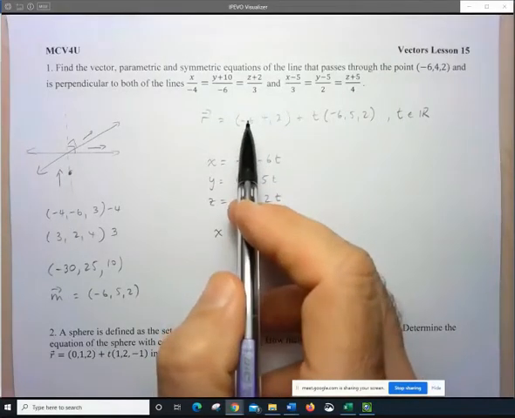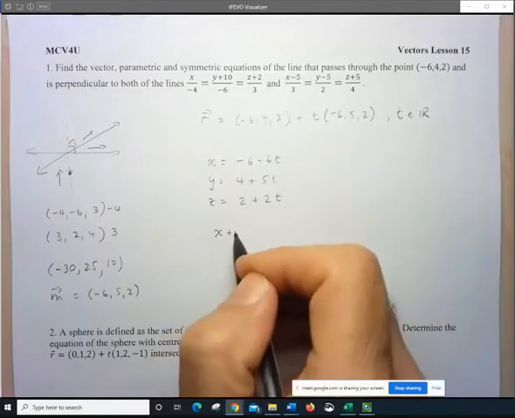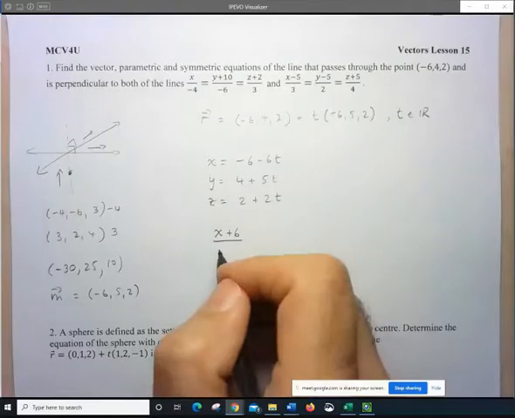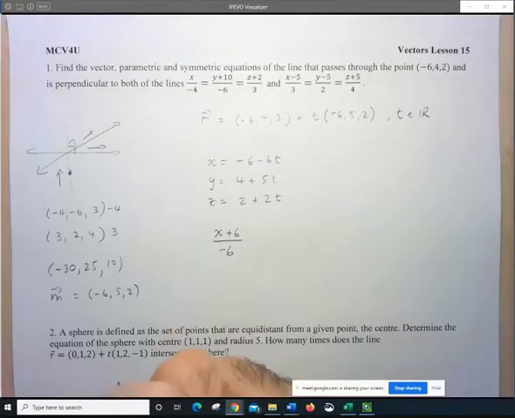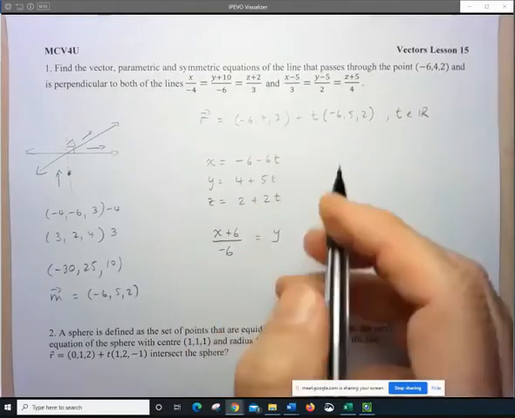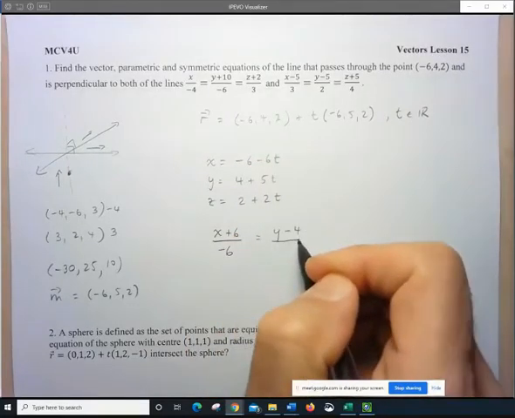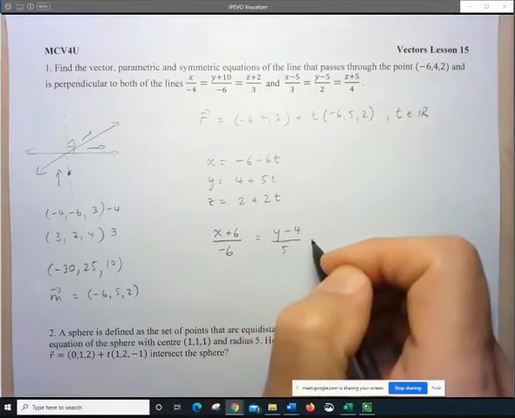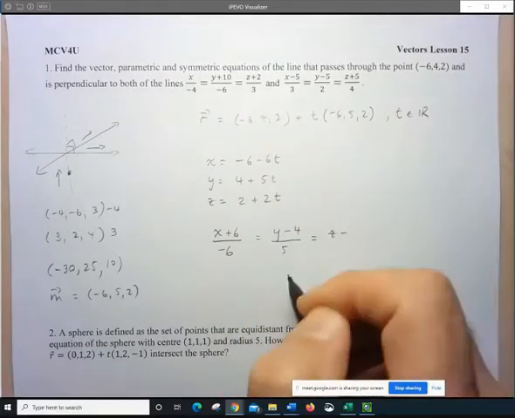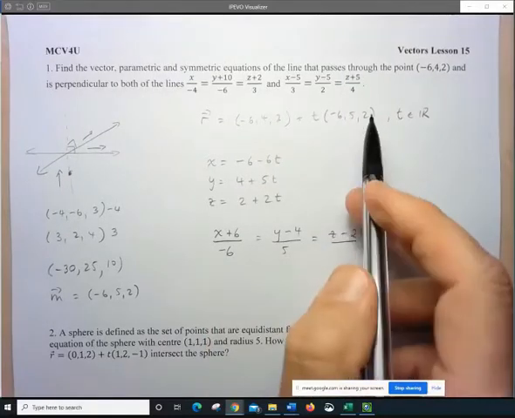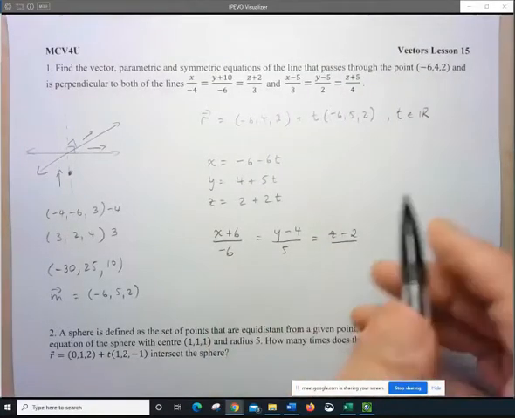So x minus -6 is going to be x plus 6 over the x value of the direction vector, equal to y minus the y value of my point, so y minus 4 divided by the y value of my direction vector, and that's equal to z minus the z value of my point divided by the z value of my direction vector.